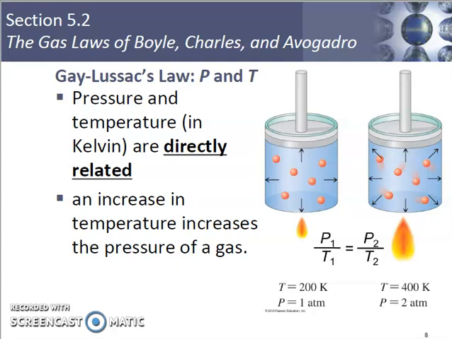As you can see in the example here on the slide, if I have a gas that's at a temperature of 200 Kelvin in 1 atmosphere, if I increase that temperature to 400 Kelvin, you can plug that into this equation, P1 over T1 equals P2 over T2, and you will solve and find out that the pressure is now 2 atmospheres. Because I doubled my temperature, I also doubled my pressure, and so there's a lot more pressure in the second cylinder than there was in the first.